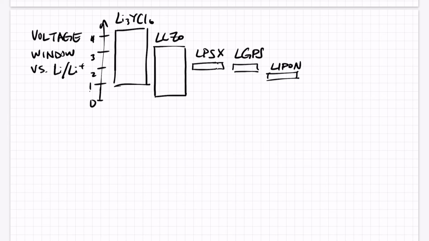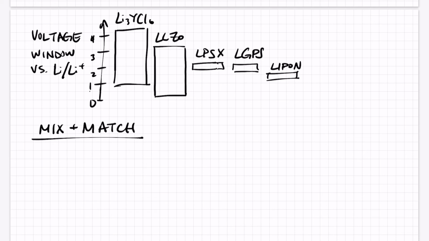When you look at this and say the electrochemical stability window is limited for some, but they have high ionic conductivity, and larger for others, but they have lower ionic conductivity, the strategy could be just to mix and match. You could do this at the interface and basically create a buffer layer.